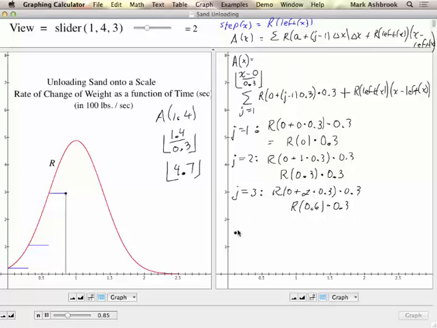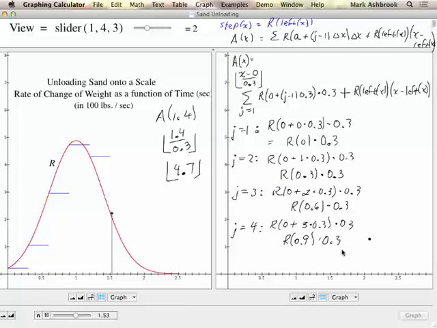One more to go. J equals 4. R of 0 plus 4 minus 1, 3 times 0.3, all times 0.3 equals r of 0.9 times 0.3. Again, j equals 4, fourth interval, right here. What's the rate of change?